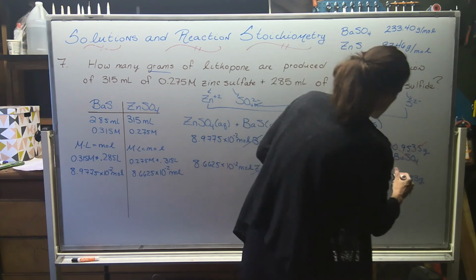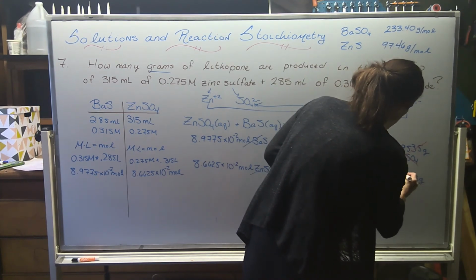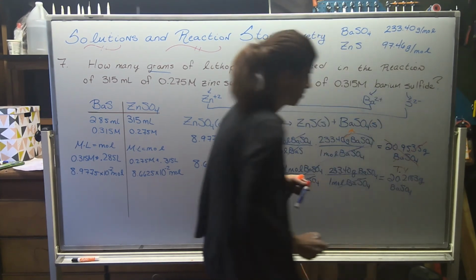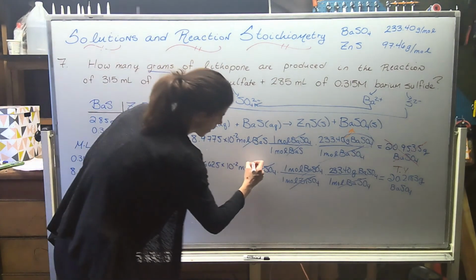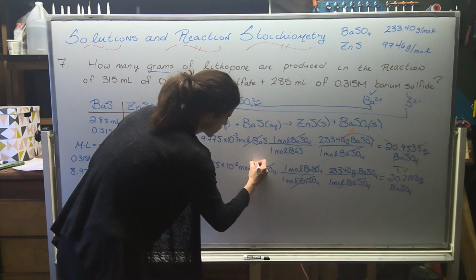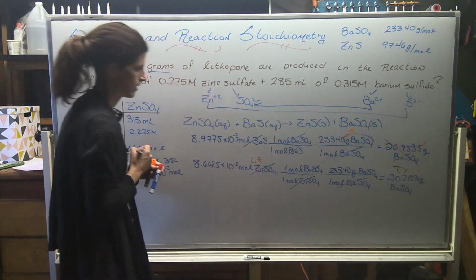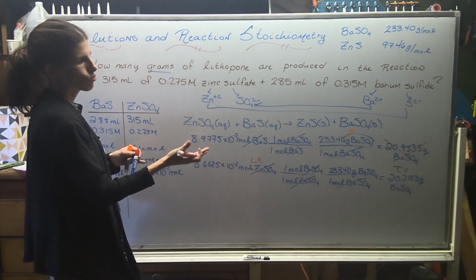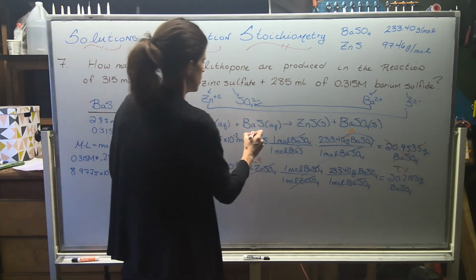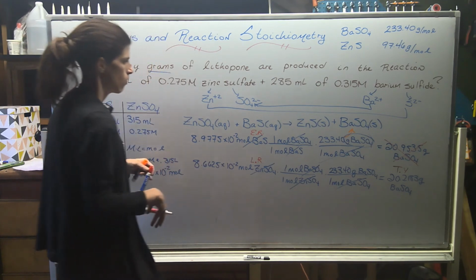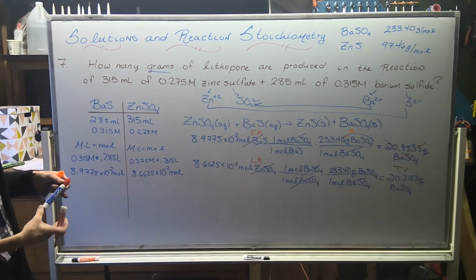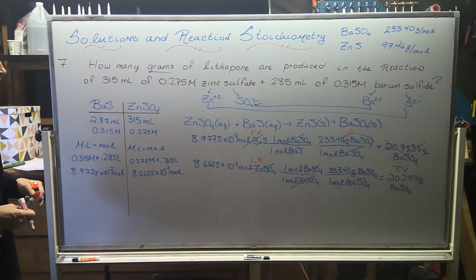This smaller one is going to be our theoretical yield of barium sulfate. So the theoretical yield, you go back to the beginning of the problem, that's always associated with your limiting reactant. And the one that you crossed out is associated with your excess reactant. So barium sulfide is in excess.